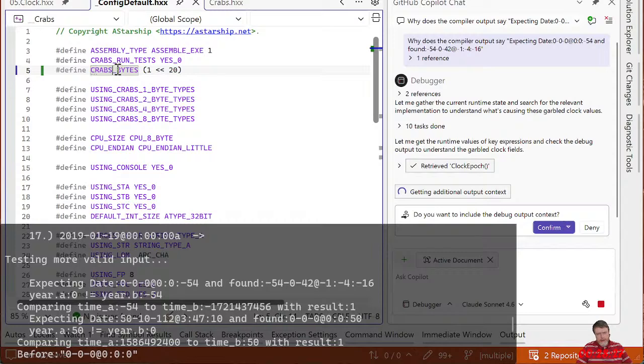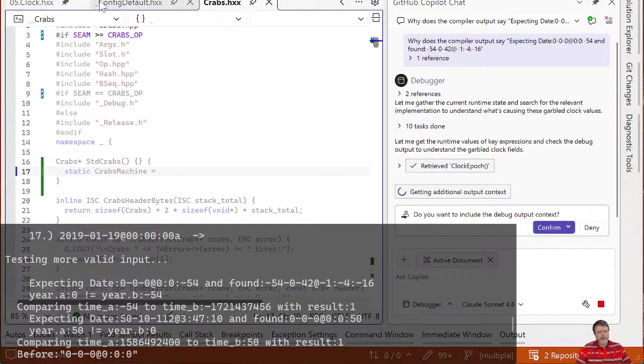Crabs. Room button. So now we're gonna go back to the crabs machine over here. And crabs machine equals, wait, hold on, no, static is wool, baby.